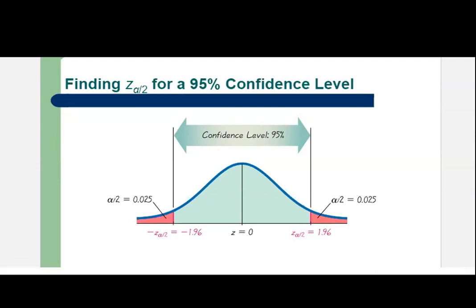Each one 0.025 or 2.5% on each side, right? So these are significance levels. These significance levels are created and provided by your manager or by the question. We put it together, that's 5%. That 5% alpha level is determined, is given to you.